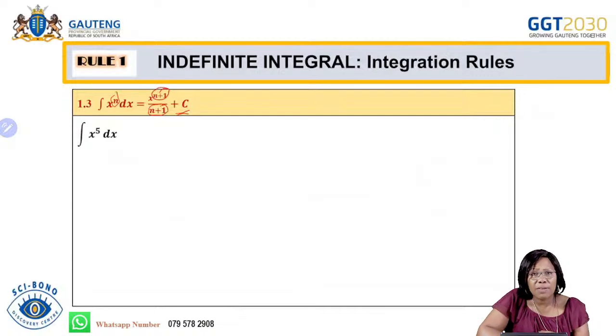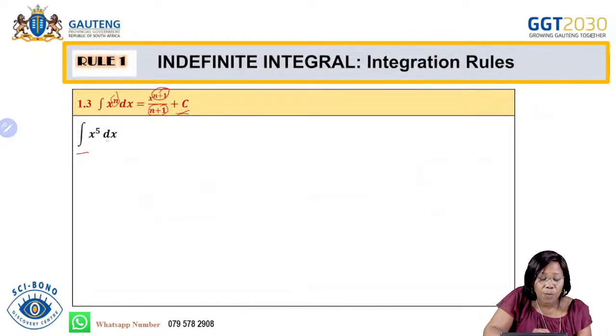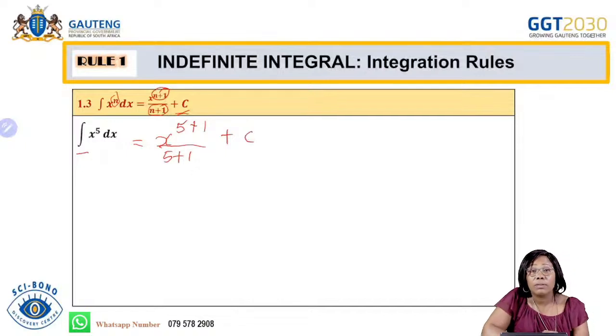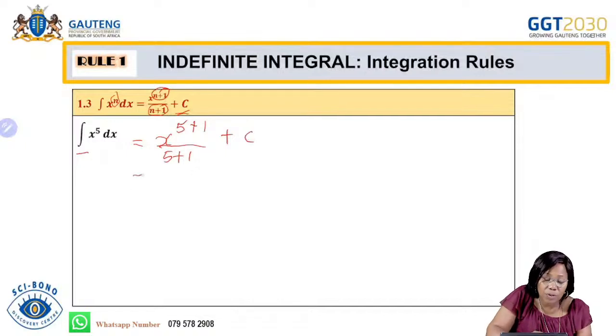And then let's apply the rule now to integrate x to the power 5 with respect to x. So the rule states that your answer will be x to the power 5 that was given to you, and then you add a 1 there, and then that exponent will now be your denominator, which is 5 plus 1, plus c. Hope you are still together, grade 12.